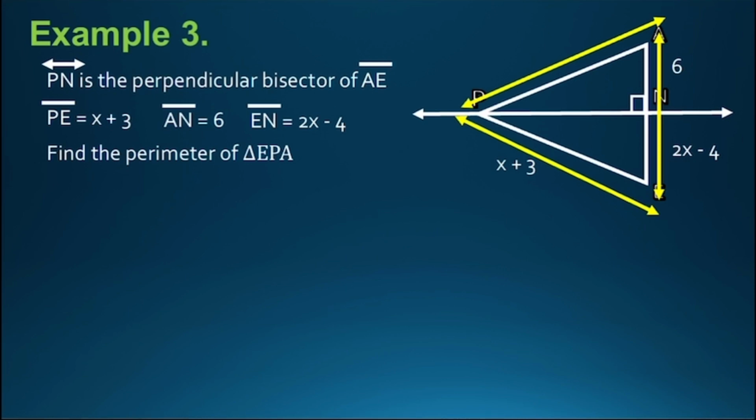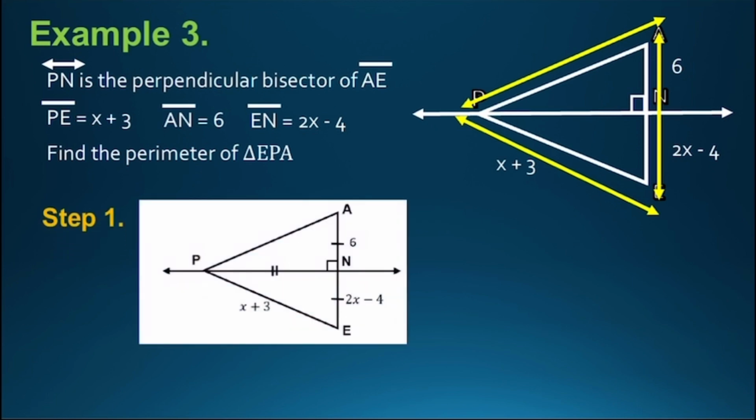For our solution, for our step 1, although an illustration is provided, we may add markings to easily determine the congruent parts. As stated in the given, line PN is perpendicular bisector of AE.